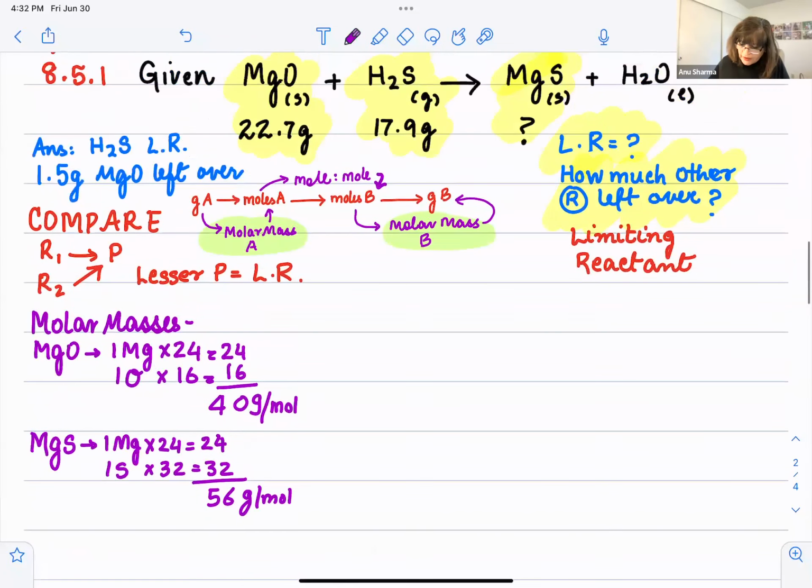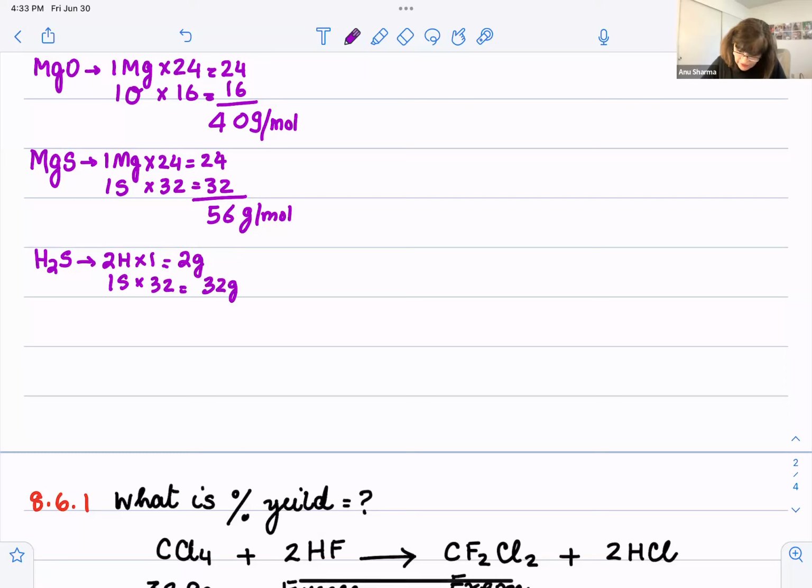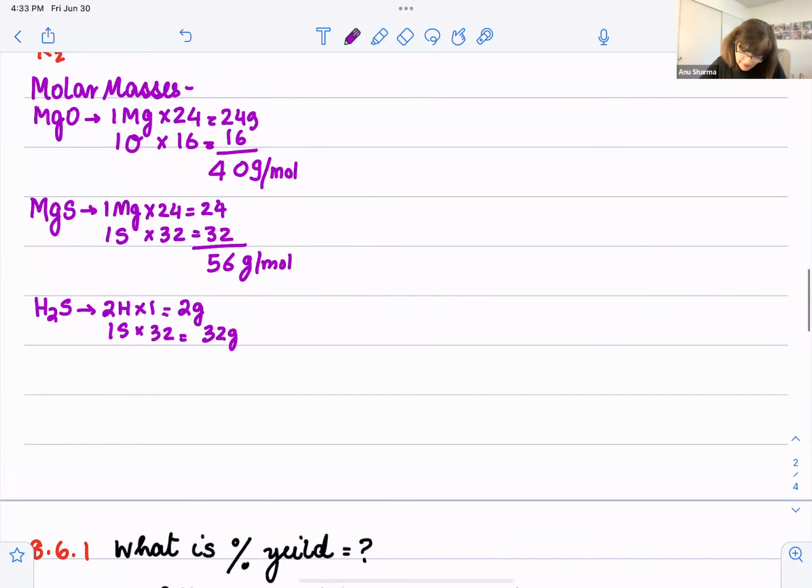And the next is we are comparing H2S. In H2S, there are two hydrogens. Each is one, right? So this is 2 grams. And sulfur, one sulfur, and sulfur is 32. So this is 32 grams. So these are basically grams, grams, grams.